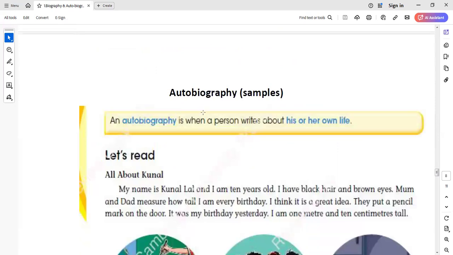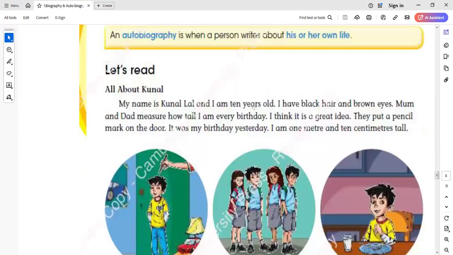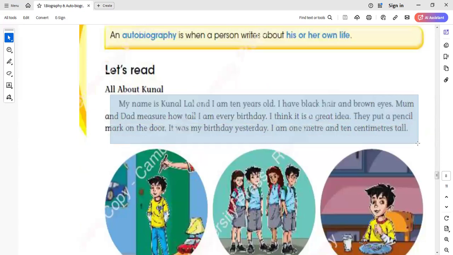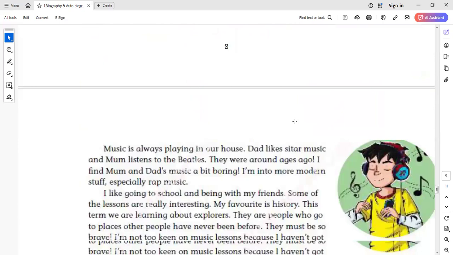Here is an autobiography about a person. My name is Conal Lal, and I am 10 years old. He is explaining how his life goes on, how he started to grow up and get experience in life.